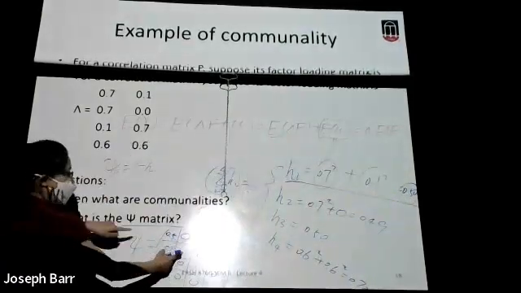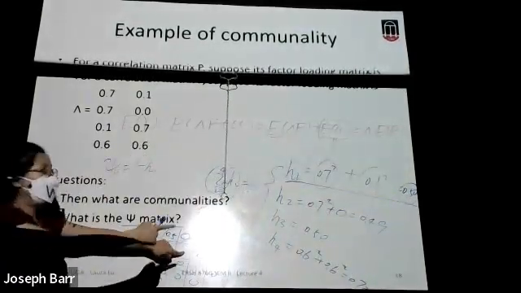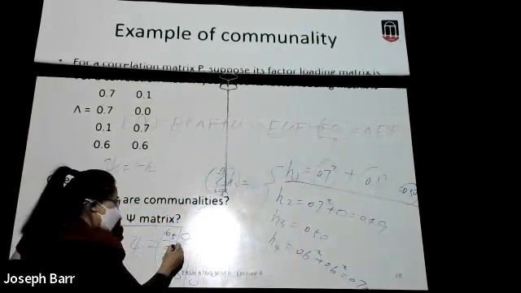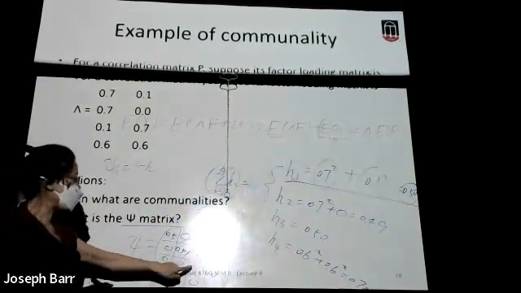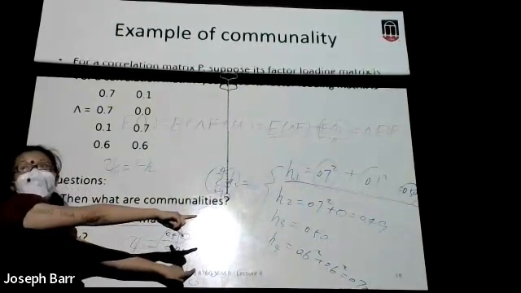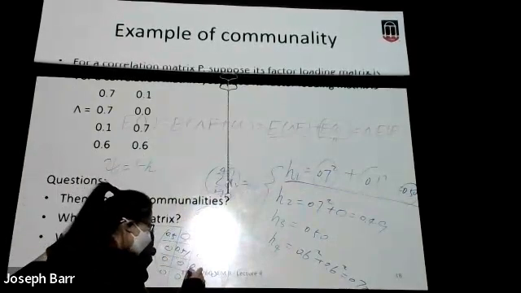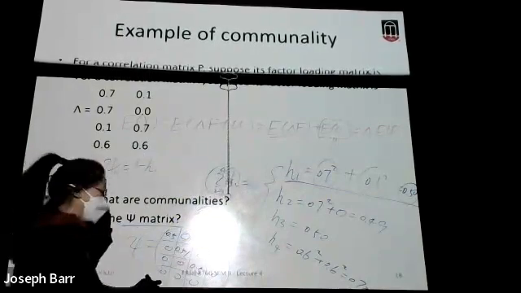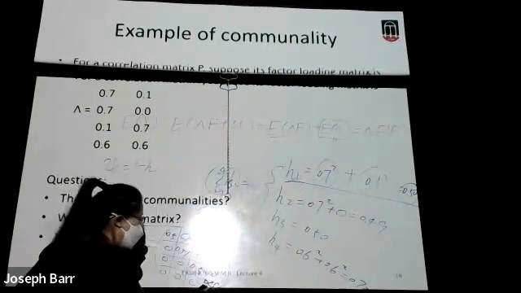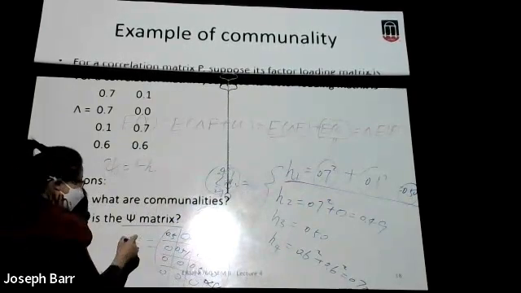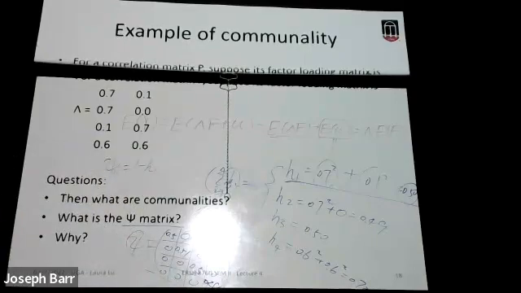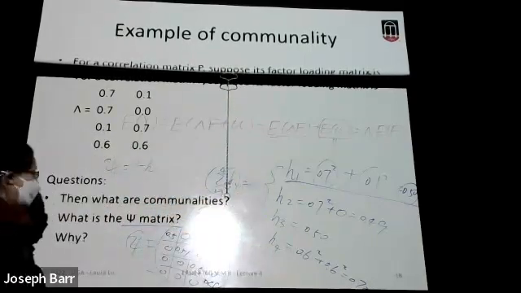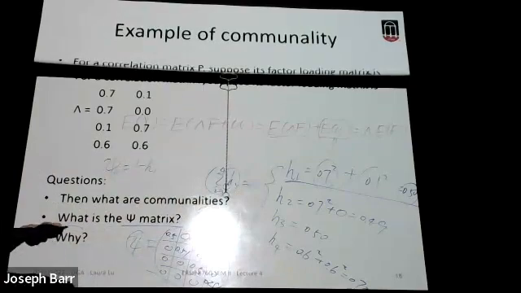What is psi 2,2 here? Yes. What is psi 3,3? Yes. What is psi 4,4? 0.28. Okay, those are the diagonal elements. So this is our psi matrix. Those are our H values, because we just calculated them before. So that's the communality.